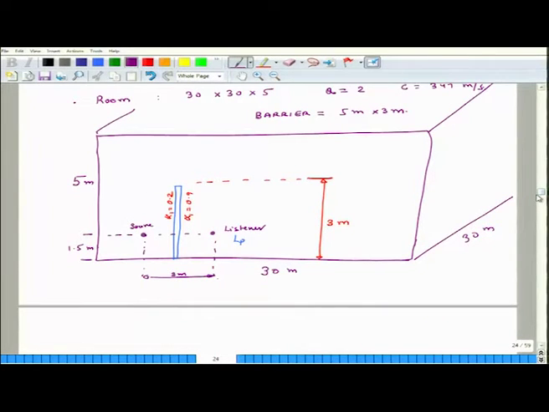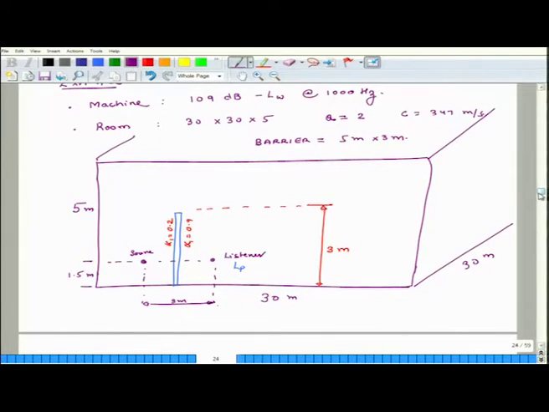So, these are all the data on the problem, and the question once again is, what is the value of LP without barrier, and LP in presence of barrier, with barrier. We have to compute these. So, we will start with the without barrier condition.